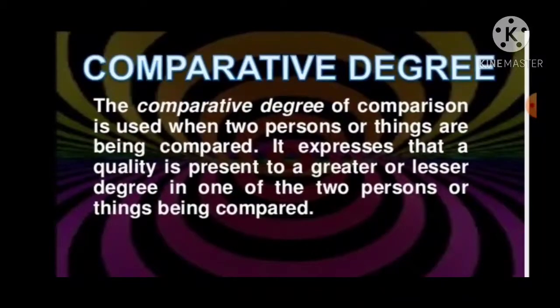We cannot compare a thing with a person, we cannot even compare a person with a thing or an object. The comparison should be appropriate, reasonable. So the comparative degree expresses that a quality is present to a greater or lesser degree in one of the two persons or things being compared. This is used to compare two objects or two things.